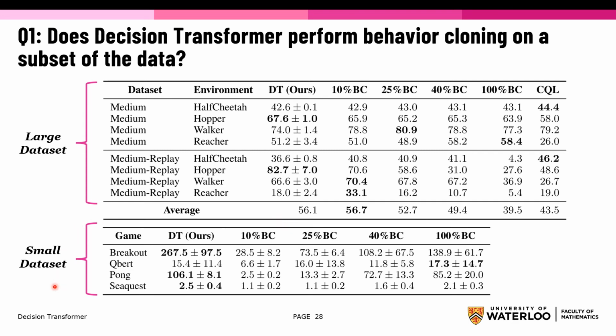When it comes to the small dataset, which is the Atari benchmark here, you can see that the percentile behavior cloning is performing much worse than what we saw previously. This is basically because it's only able to mimic or clone a very small sample from the dataset. However, the DT is performing quite well.